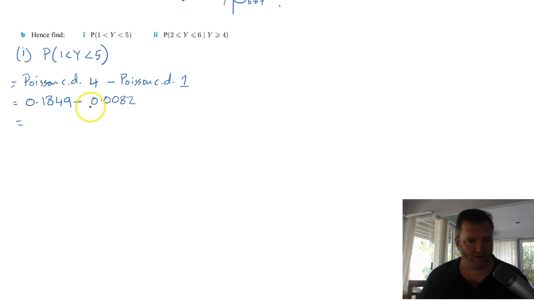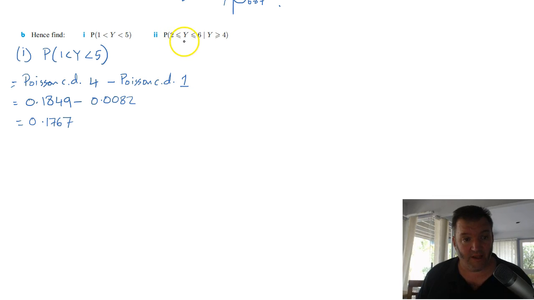So 1849 minus 49 from that, we've got 32 left, 33 left over. So 0.1767 should give me the right amount. Let's assume I can do my maths. If I haven't got it right, I'm sorry. You can check it on your calculator. That's the answer. Let's go on to part B.